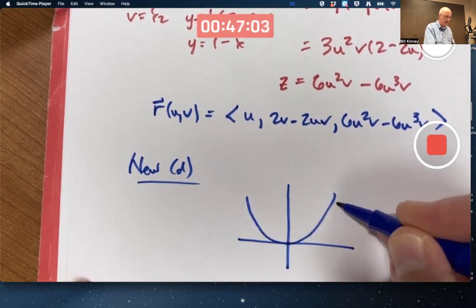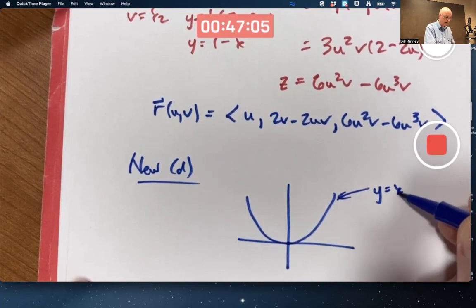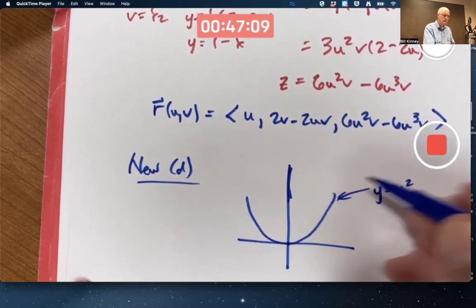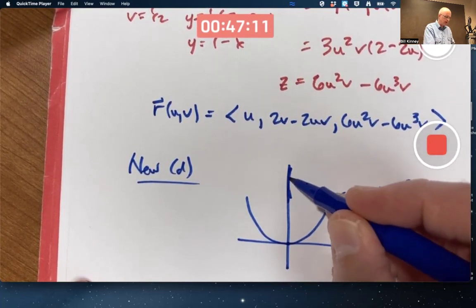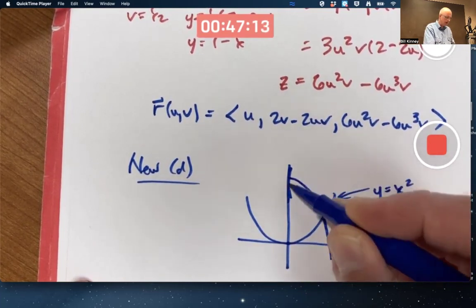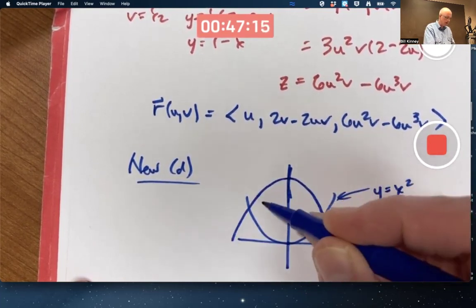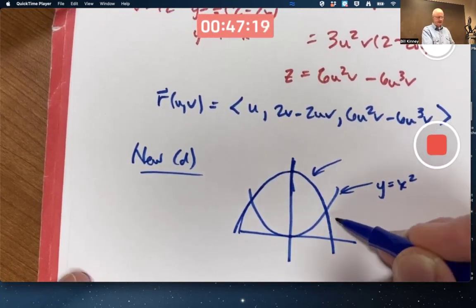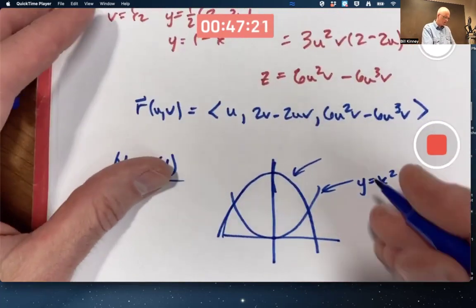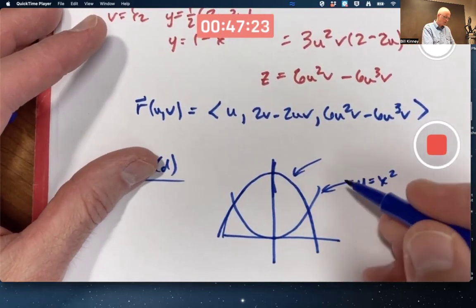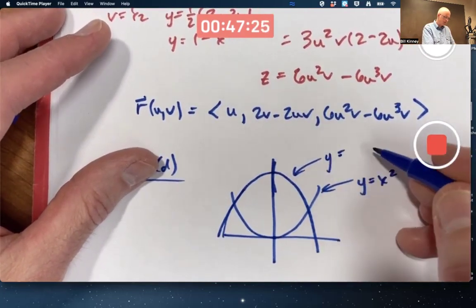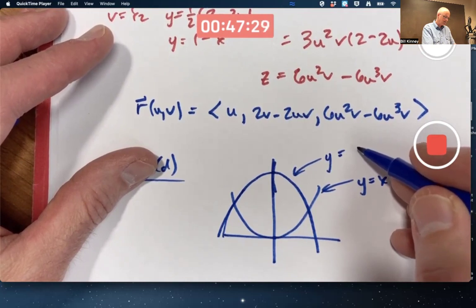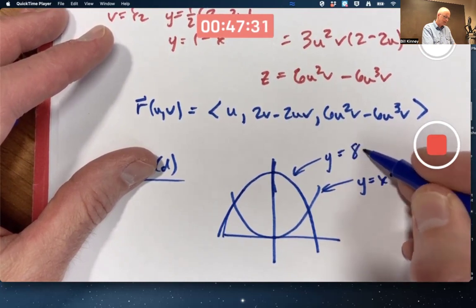Y equals x squared. And maybe another parabola going like this. And well, how can I pick this to make this a nice number? Y equals 4 minus x, or maybe 8 minus x squared.